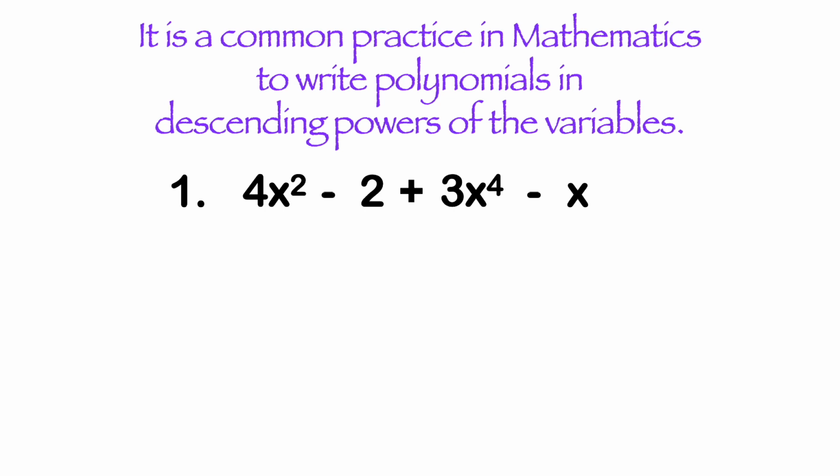So, ang pinakauna dito ay yung highest exponent, yung 3x to the fourth power. Followed by 4x squared, tapos minus x, then minus 2. So, ito yung arrangement niya pag inayos natin siya sa descending order.